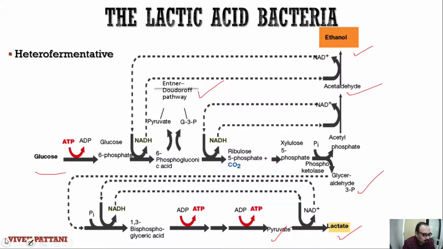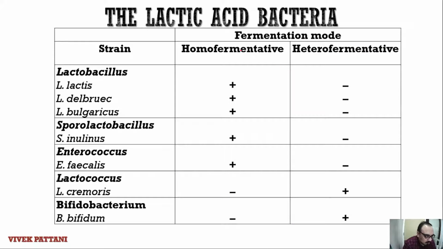Now some other examples of hetero and homofermentative bacteria. I'm just going to read out the names of the bacteria: Lactobacillus lactis, Lactobacillus delbrueckii, Lactobacillus bulgaricus, Sporolactobacillus inulinus, Enterococcus faecalis, Lactococcus cremoris, and Bifidobacterium bifidum.